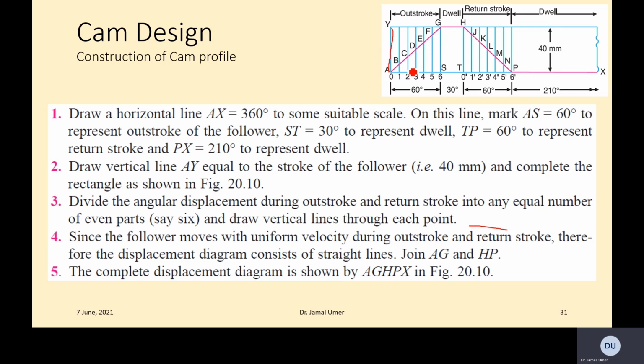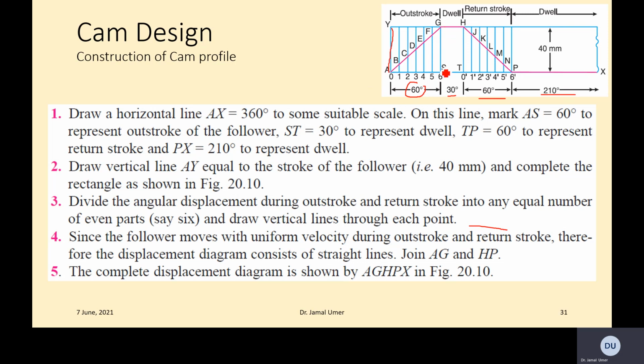Then you mark 60 degrees, which was given, for the outward stroke, then the dwell, then the return stroke, then the remaining dwell, and you split into equal parts. You draw vertical lines within the rectangle and connect the points.